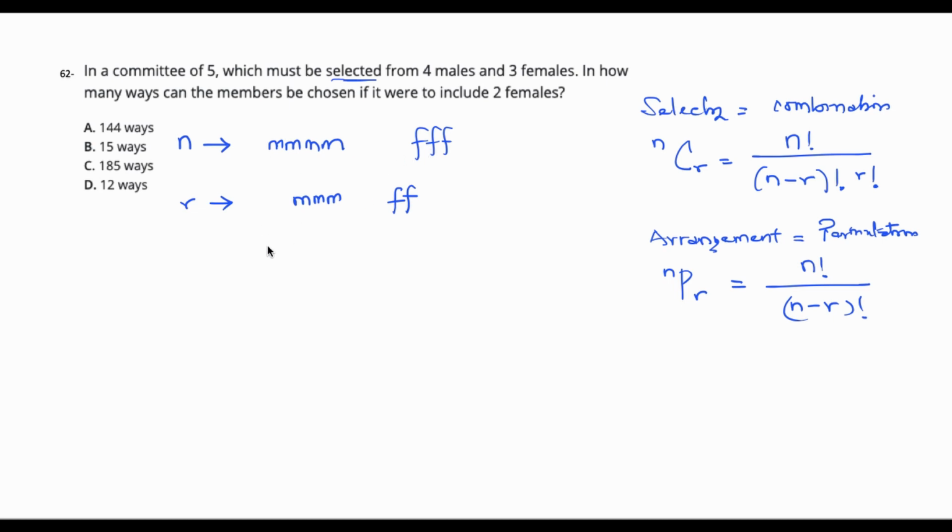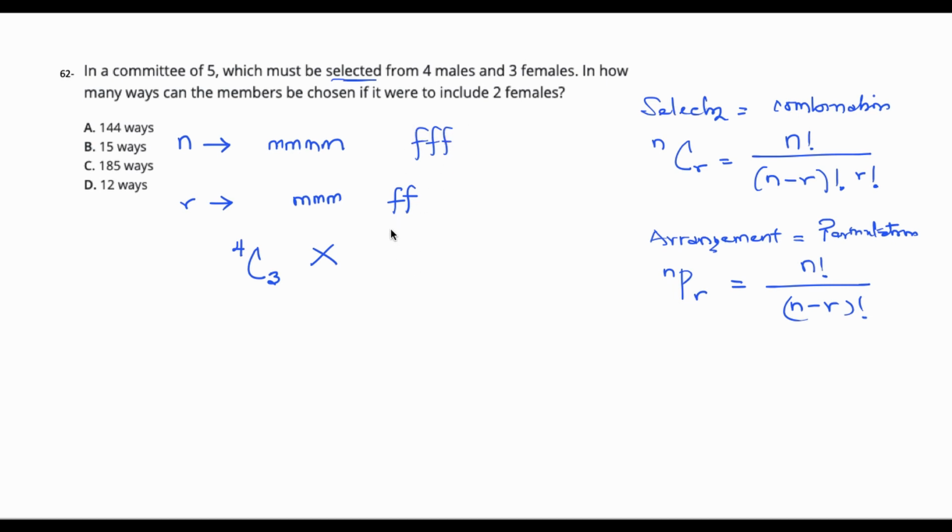So how do we do that? We have to calculate the number of ways that 3 males can be selected from the available 4. That is n combination r, where n in this case is 4, and r is the 3 males that are eventually selected. And then the number of ways that 2 females can be selected from the available 3 females.